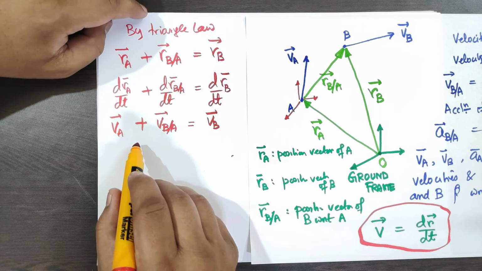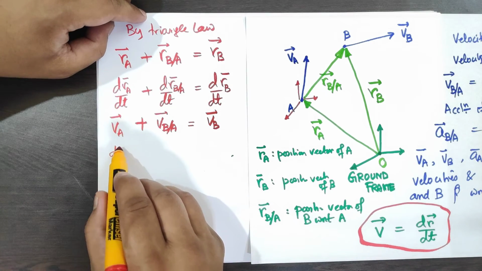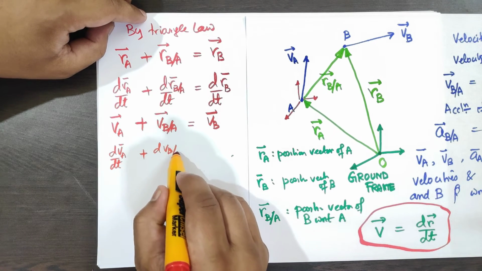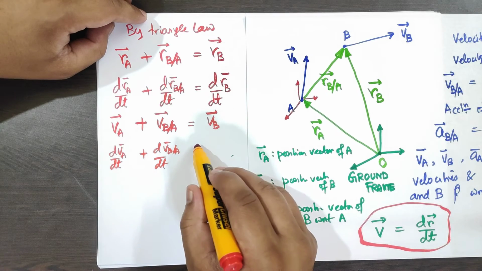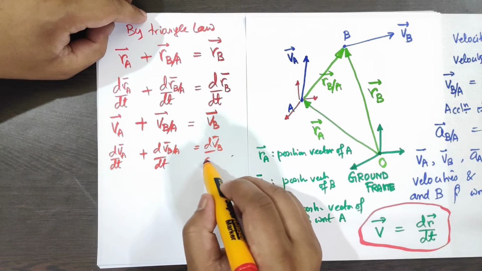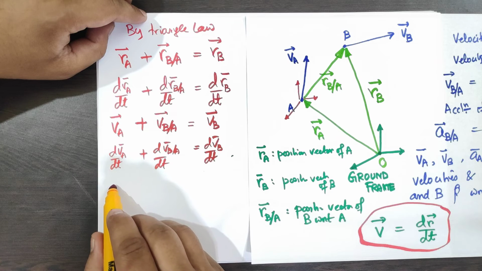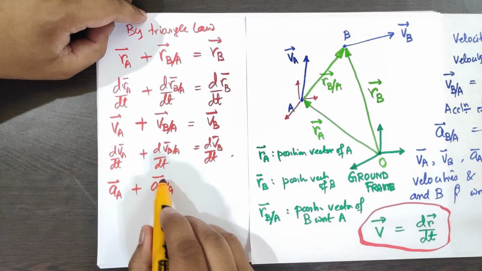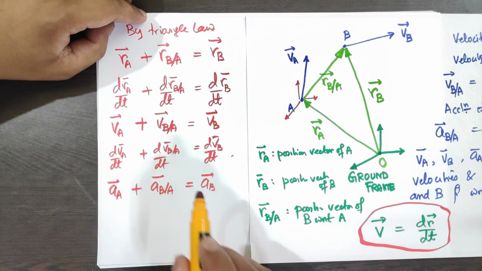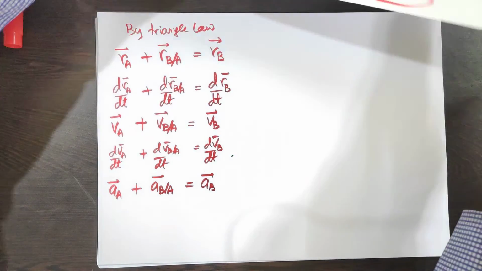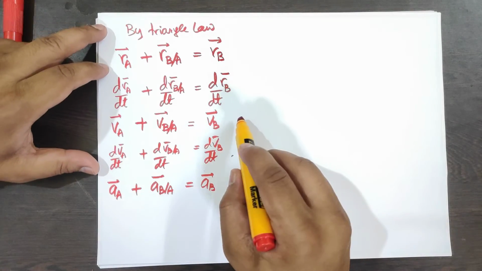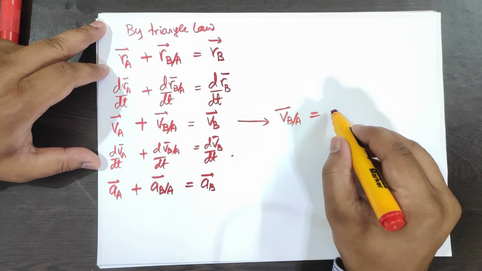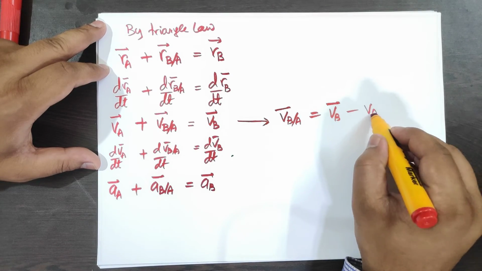So here you go. Again you can differentiate with respect to time. So this is the acceleration of A. This is the acceleration of B with respect to A. This is the acceleration of B, right? So now if you write this equation in this way, VB with respect to A is equal to VB minus VA.